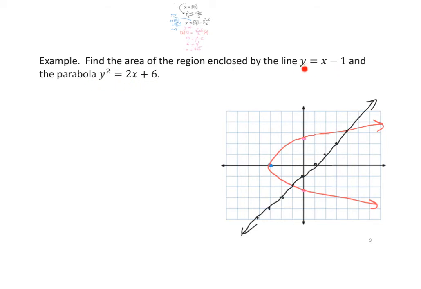This equation says that y equals x minus 1. This equation says y squared equals 2x plus 6. What I could do is plug in x minus 1 for y into this equation and see how that goes. So what we're doing now is finding the points of intersection.